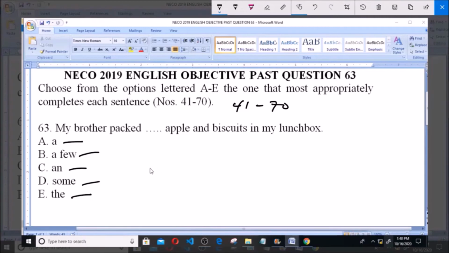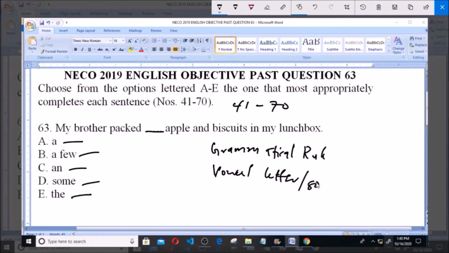Now we cannot use option A because the word that follows the space is apple, and by the grammatical rule, when you have a word that begins with a vowel letter and sound, then "an" is used.